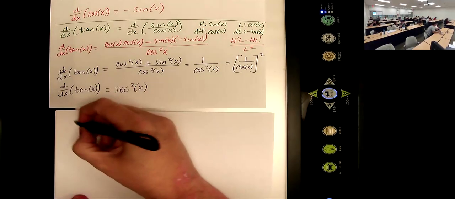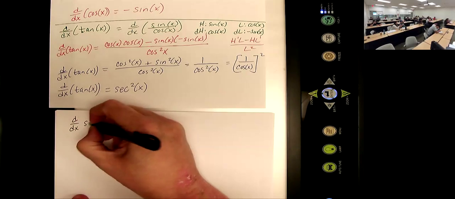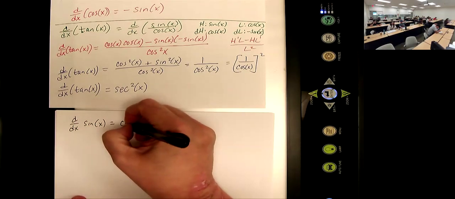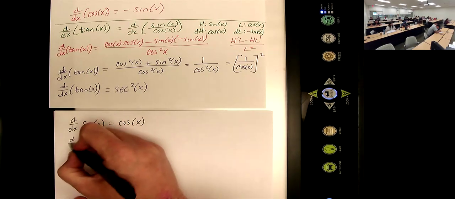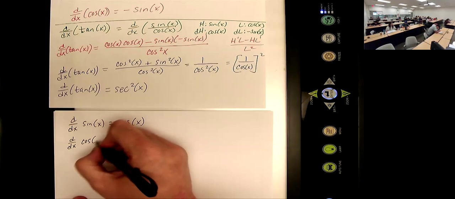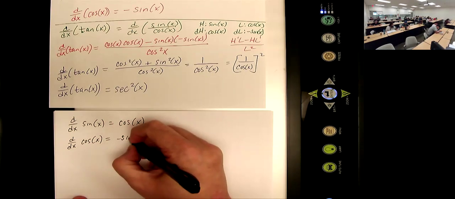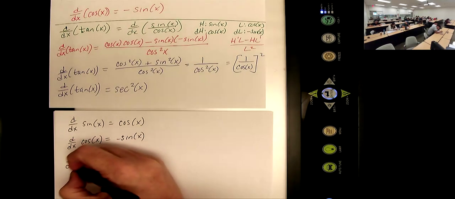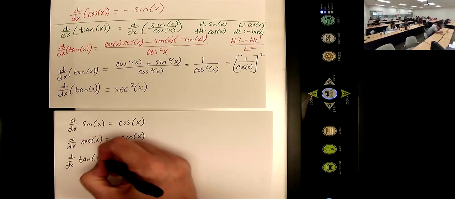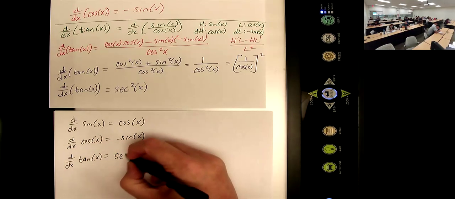So, derivative of sine x is cosine x. And derivative of cosine x is negative sine x. And we just saw the derivative of tangent x is secant squared x.